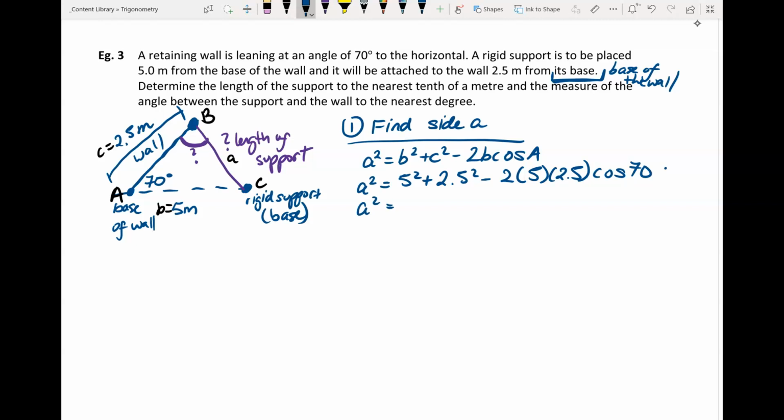All right, so we're going to find what 5 squared is, which is 25. 2.5 times 2.5 is 6.25. 2 times 5 times 2.5 is 25. I'm leaving cos 70 degrees alone.